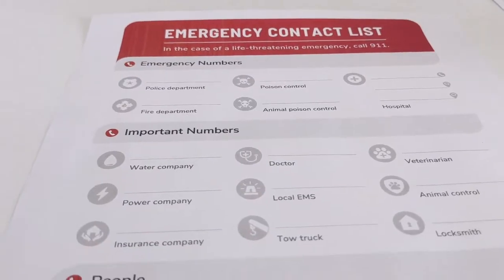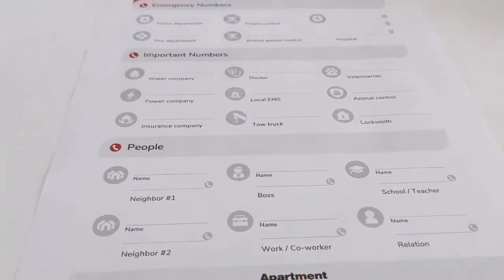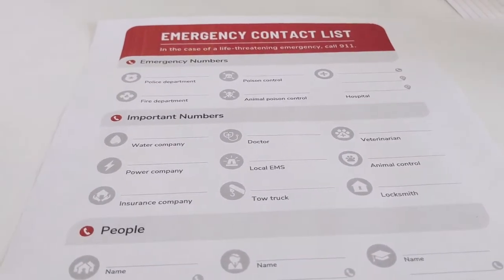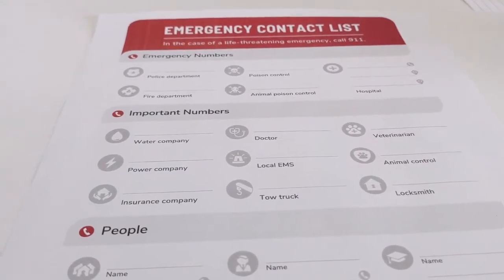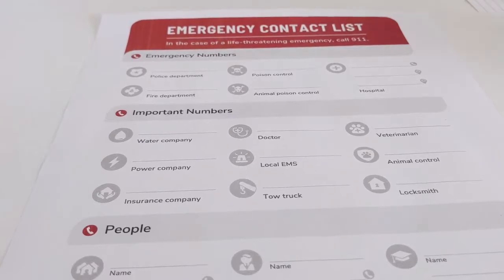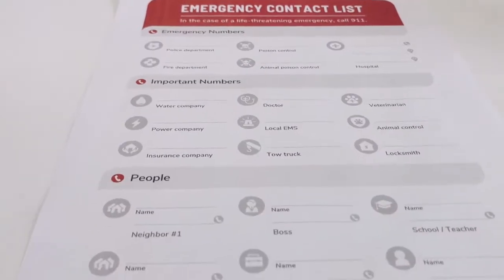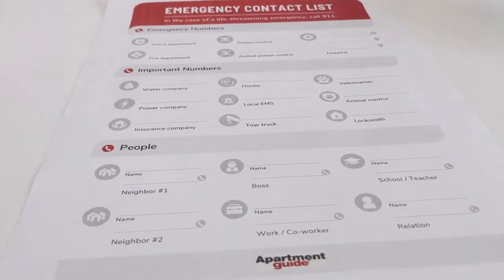So I found this really nice emergency contact list from Apartment Guide. Obviously you can write all of these numbers on regular notebook paper. That's totally acceptable. But if you wanted to make it look nicer and organized, I would recommend printing this out. So you can add more to it, if you wanted to, on a separate sheet of paper.